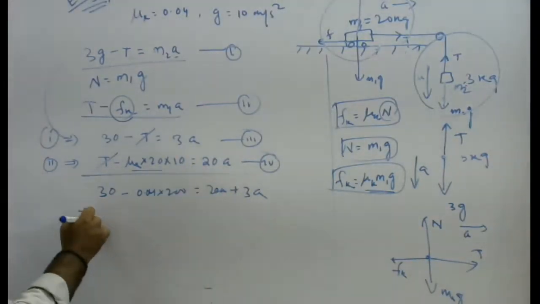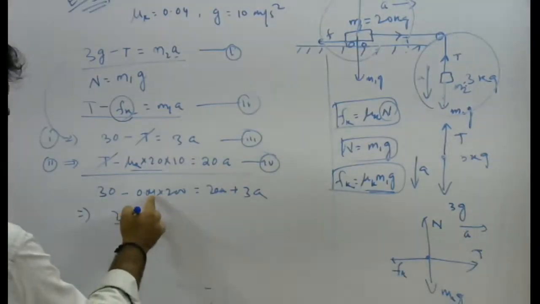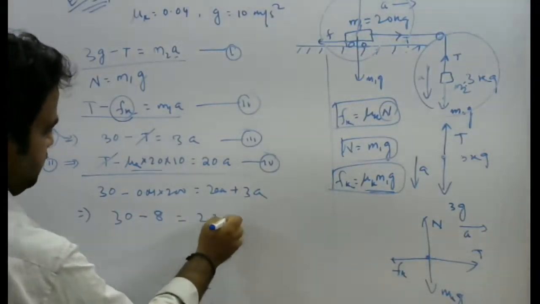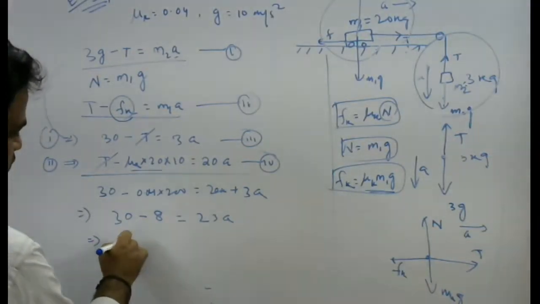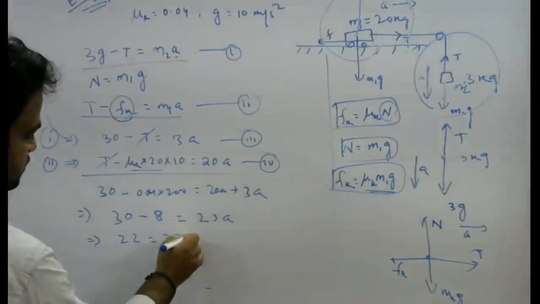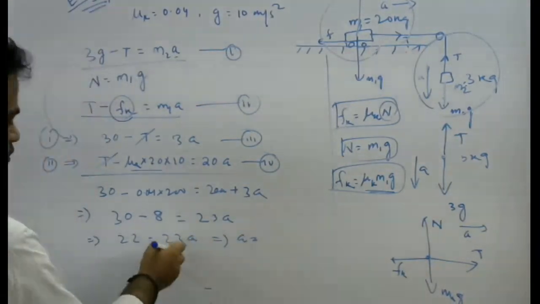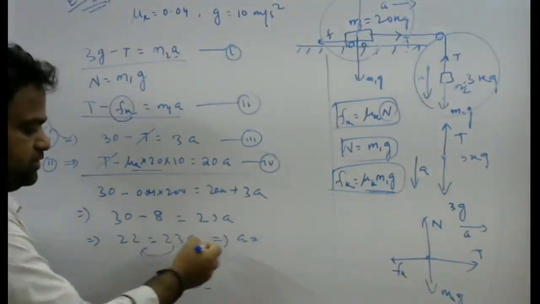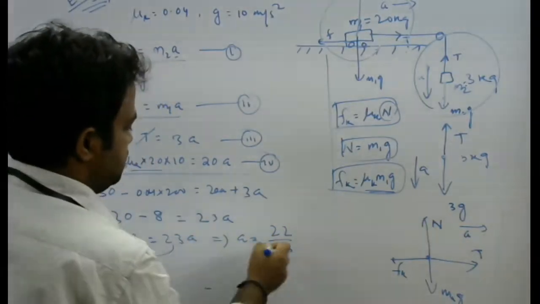So here you can calculate 30 minus 8, 22, is equal to 23A, and so A is equal to 22 upon 23.